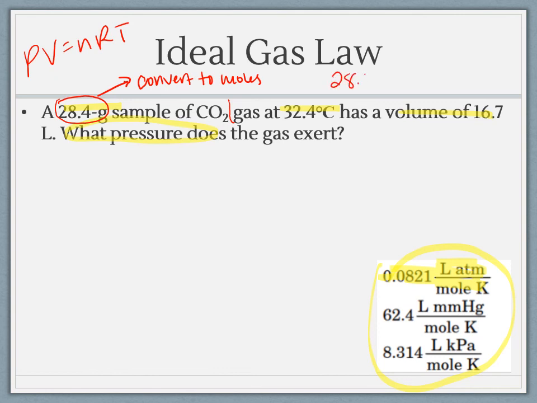If I have 28.4 grams, then I just have to figure out how many grams are in 1 mole, which I do with the periodic table. Carbon is 12, oxygen 16. 12 plus 16 plus 16 is 44 grams. So once you convert that to moles, try to plug everything into the ideal gas law and solve for pressure. Maybe pause the video for a minute and do it on your own.